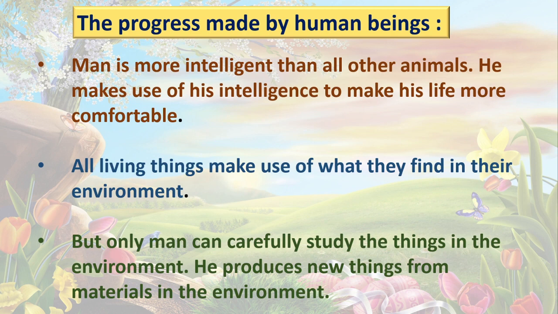Here, one more example I want to give here, that the monkeys, birds, squirrels, etc., the tree dwelling animals, they stay and they take the shelter of the trees directly. But the brilliant man, he cuts the trees. He uses the timber to build the house.